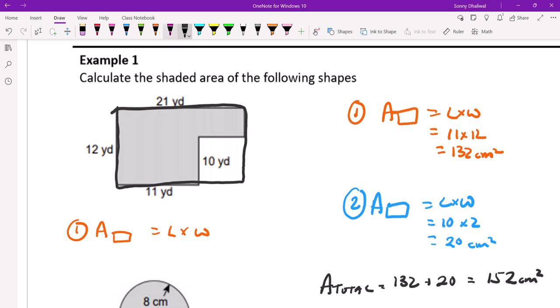Then subtracted out that little spot, and that would leave you with this shape. That would leave you with 21 plus 21 and 21. Right, so instead of adding, we're taking away, right? 21 times 12 would give you 152. You still end up with the same answer, right? So now, it depends on which way your mind goes with these kind of questions, okay?